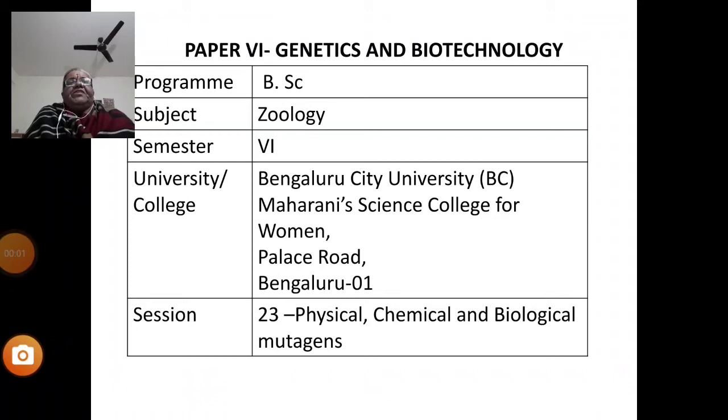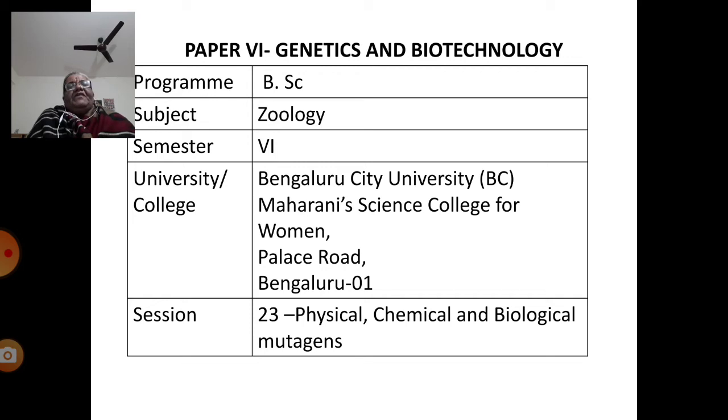My dear students, welcome to my today's online class on one more topic in paper 6 of semester 5 of zoology subject, that is genetics and biotechnology, prescribed by Bangalore City University. And today we are discussing session 23, that is pertaining to physical, chemical and biological mutagens.